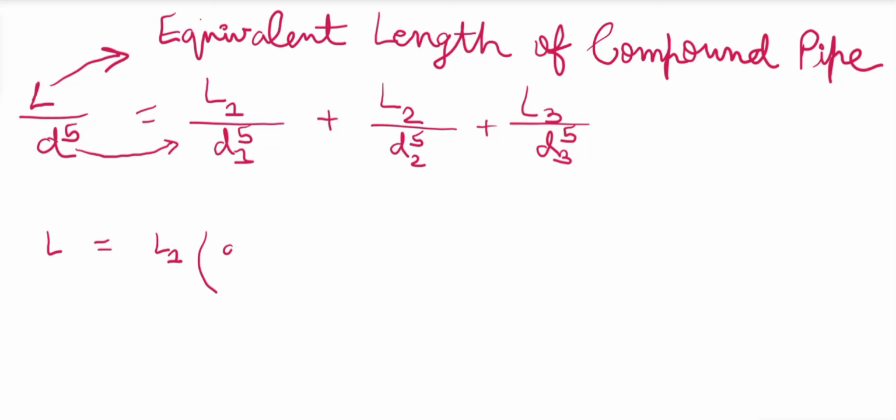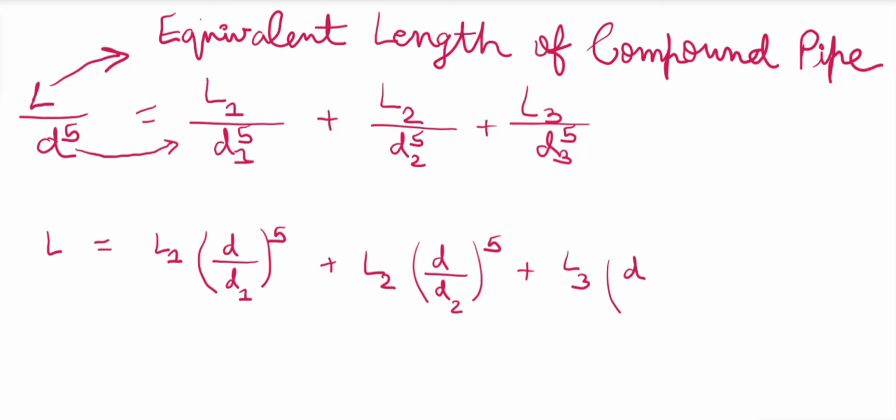So it will become L is equal to L1 into d upon d1 whole raised to 5 plus L2 into d upon d2 whole raised to 5 plus L3 into d upon d3 whole raised to 5. This equation you will have to remember, and this is how you can derive the equation for the equivalent length of compound pipes. Thank you.